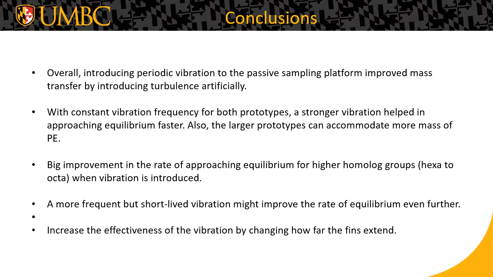There was a big improvement in the rate of approaching equilibrium for the higher homologue series when the vibration is introduced, especially for hexa to octa. And a more frequent but short-lived vibration might improve the rate of equilibrium even further. We might also want to decrease how far the fins extend out, and this would increase the effectiveness of vibration.